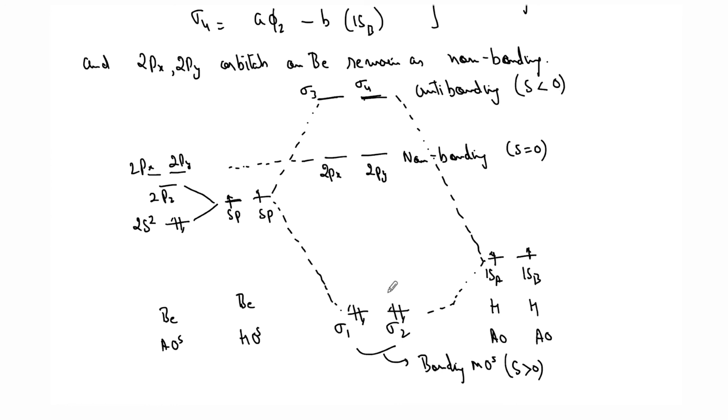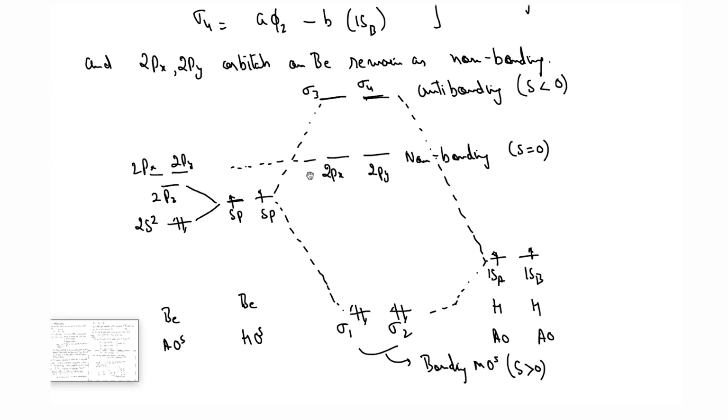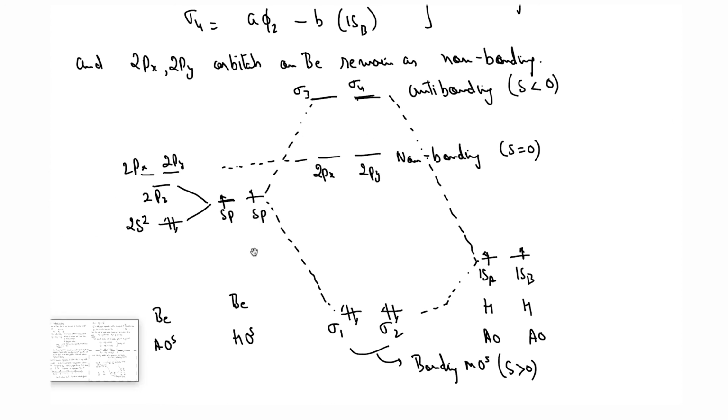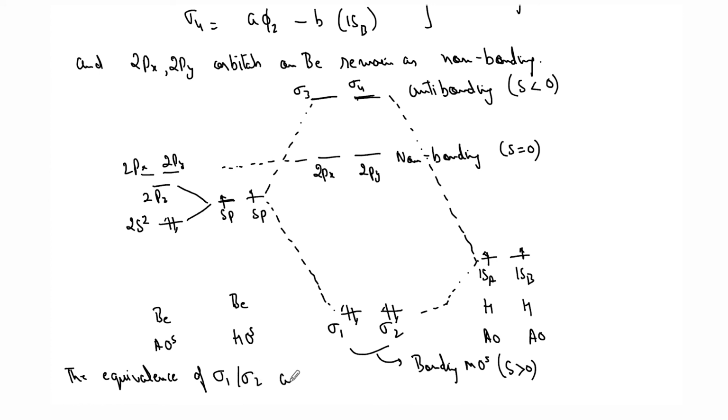So now we have listed sigma 1, sigma 2, and sigma 3, sigma 4 as with equal energy. So we can say that the equivalence of sigma 1, sigma 2, and sigma 3, sigma 4 is artificial.